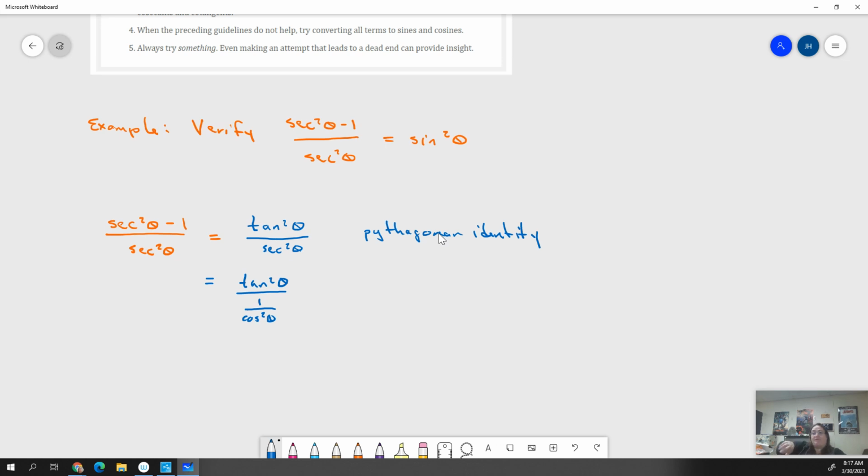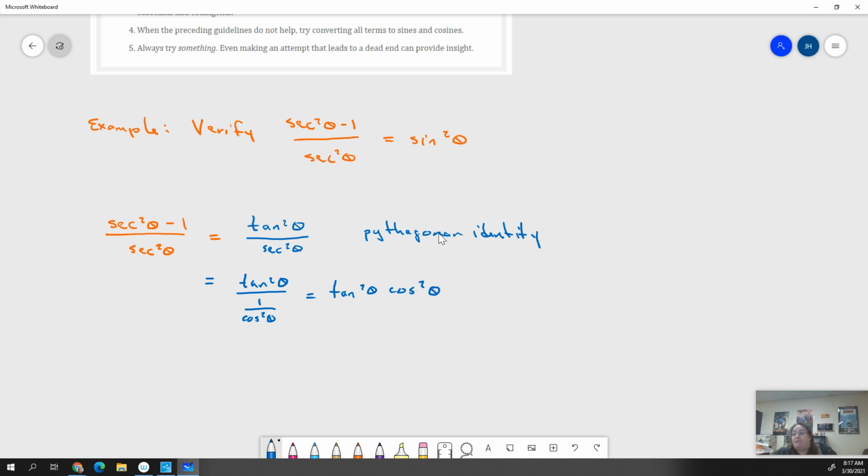And if you remember, to get that fraction off the bottom, we would just multiply. So I would have tangent squared theta times this reciprocal, which is just cosine squared theta, right? And I used that inverse property.